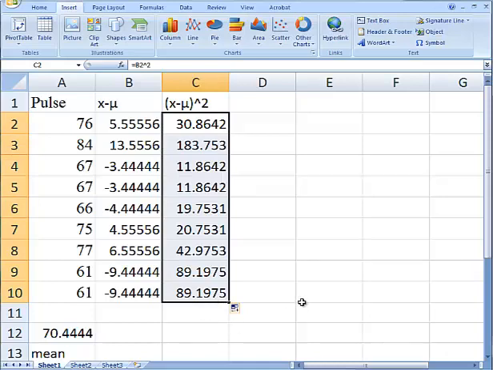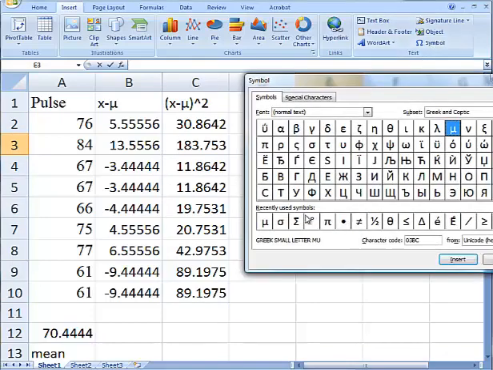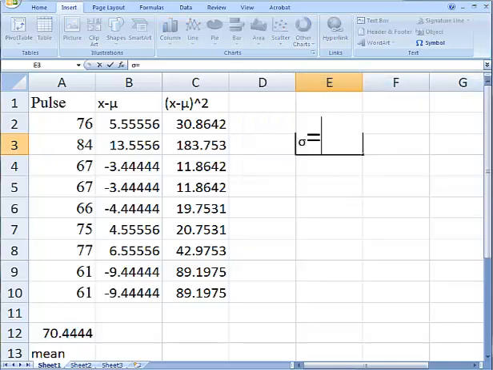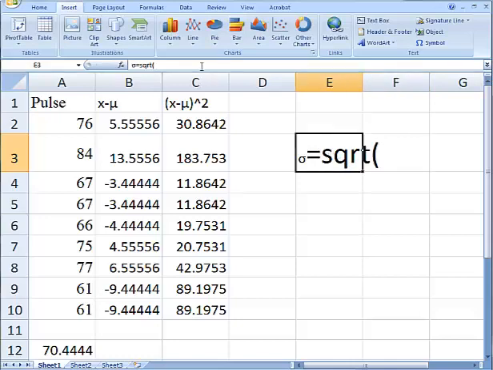Now remember, our formula for standard deviation is sigma equals the square root of the sum of x minus mu squared divided by big N. So that is our formula, and I'm not sure why that's so giant, but we're going to make it smaller.